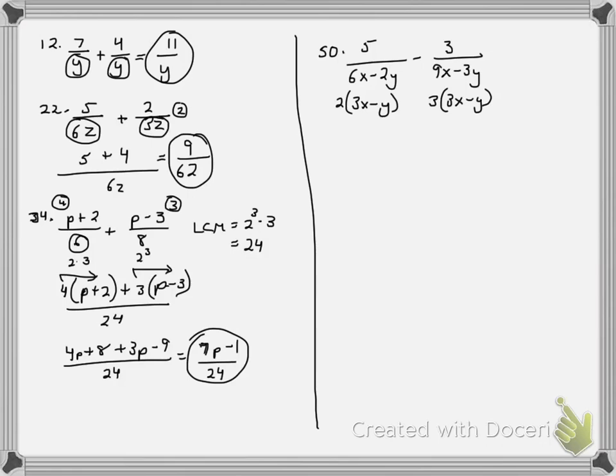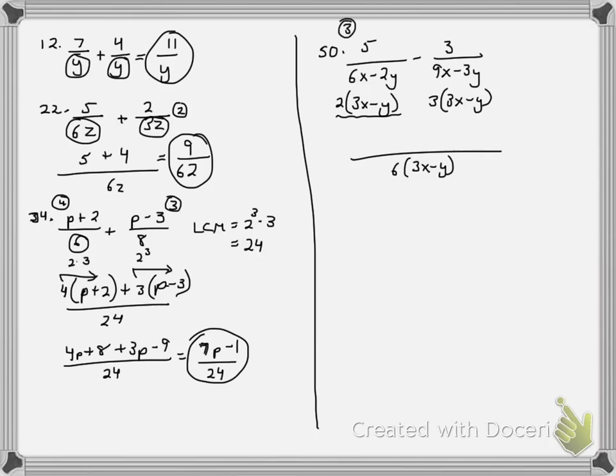So my least common multiple, or my common denominator, will be 2 times 3, or 6 times 3x minus y. I would not distribute it back at this point. I would leave it like that for a while and only distribute at the end, because when I leave it like that, I can identify easily what my multiplier is going to have to be for the numerators.